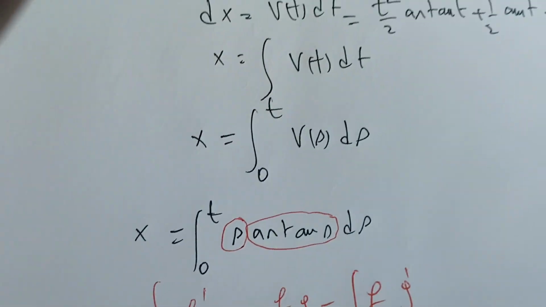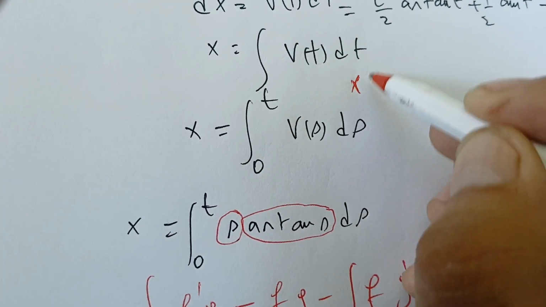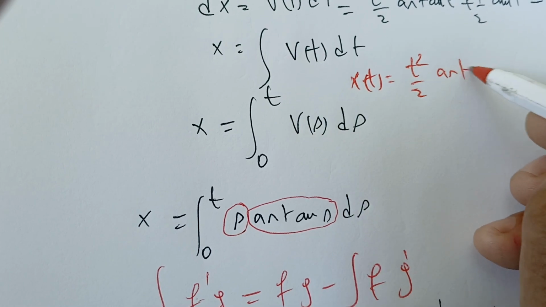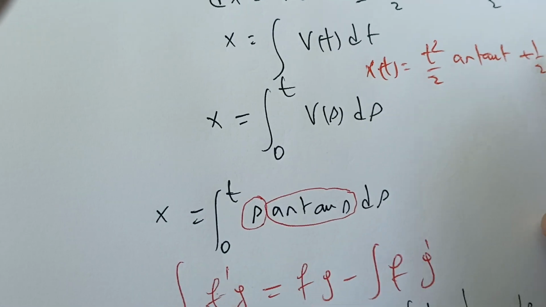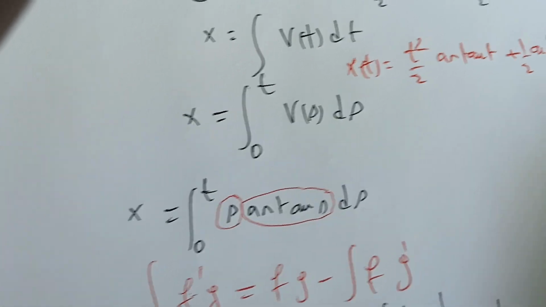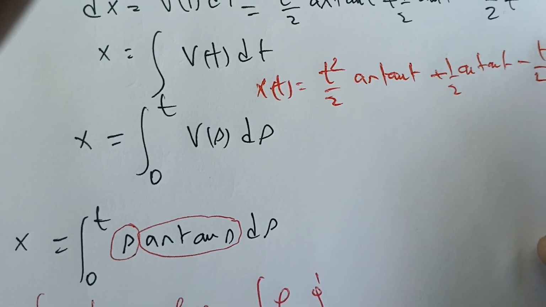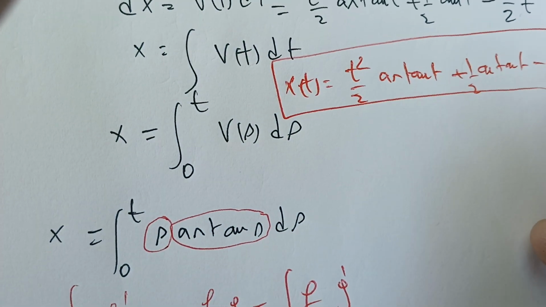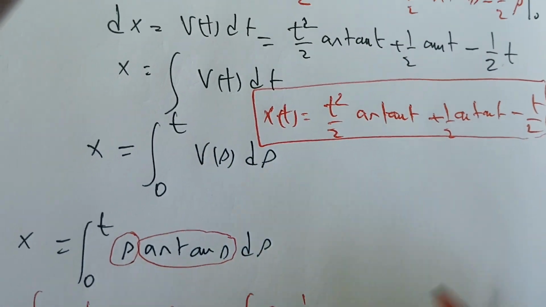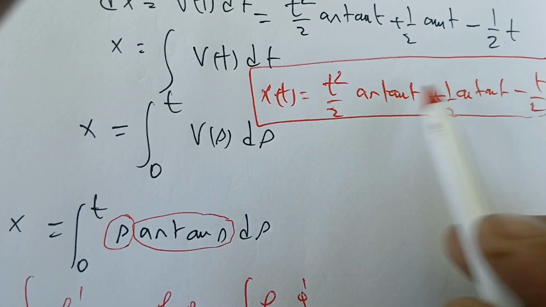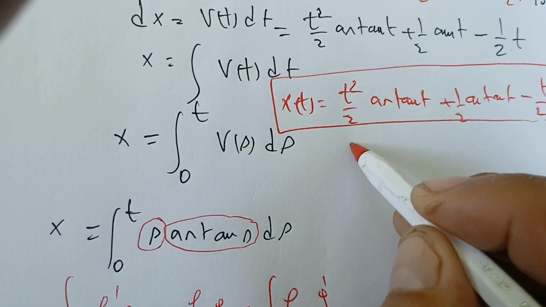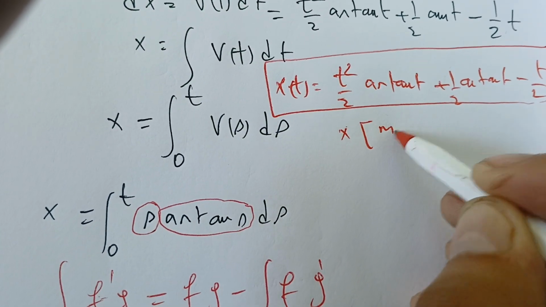Let me write it here clearly so we can have more space. x(t) is t squared over 2 arctangent of t plus 1/2 arctangent of t minus t over 2. So this is the position. So I want to see how much I traveled. I need to plug in just the t and I get this distance. x(t) is in meters.